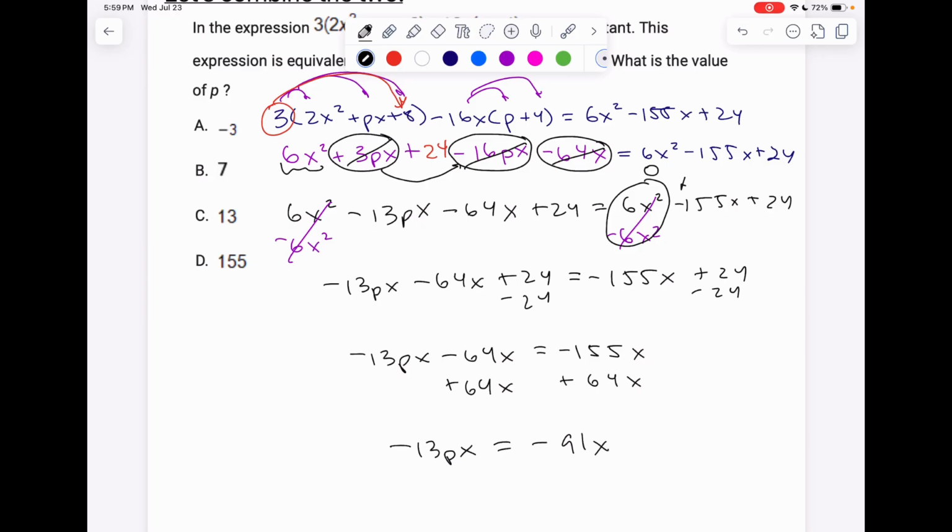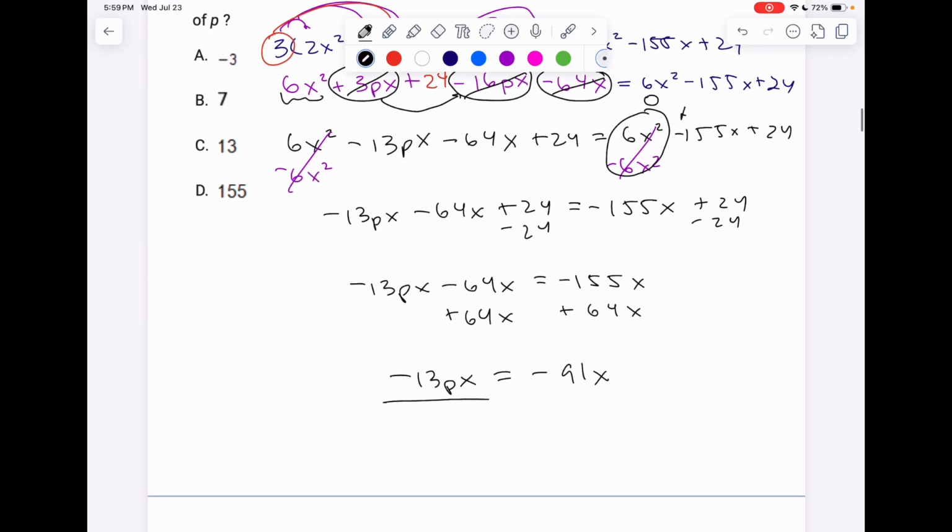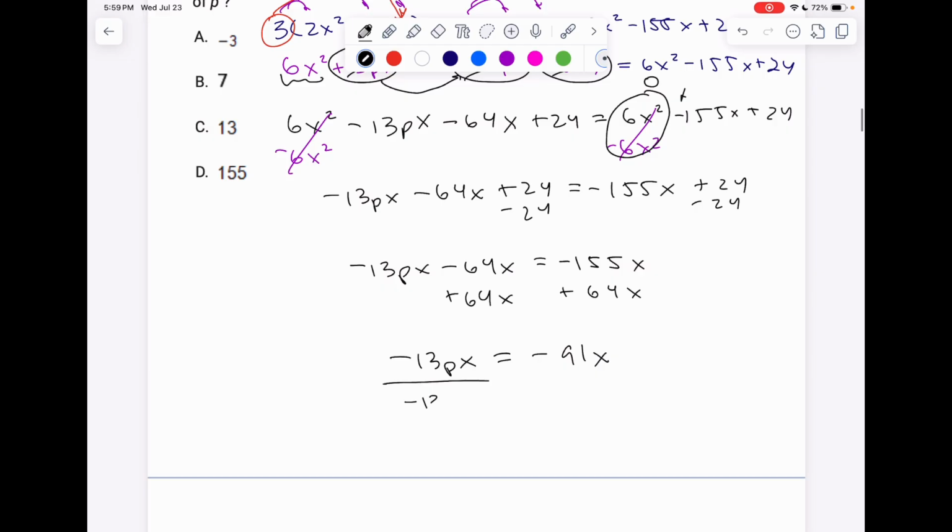Now, if I want to solve for p, I have to get rid of the negative 13 and the x. So we'll divide both sides by negative 13x. These will cancel, and we'll find out that p equals, well, these x's cancel, whatever negative 91 divided by negative 13 is, so the negatives will cancel each other out, and we find that p equals 7.